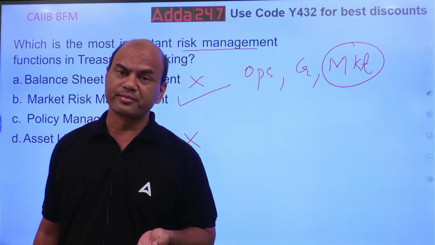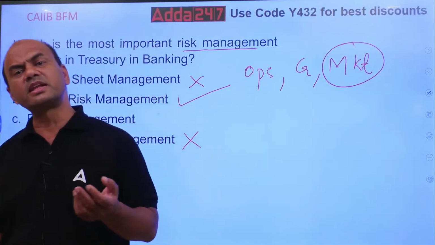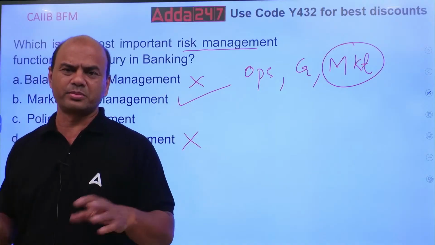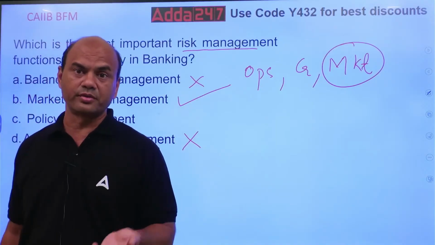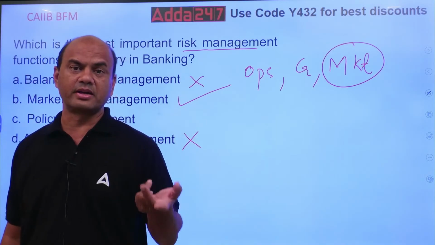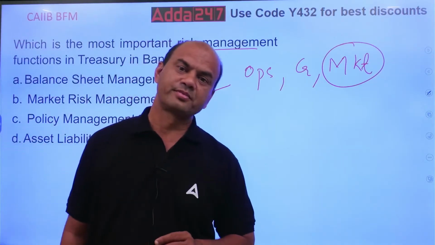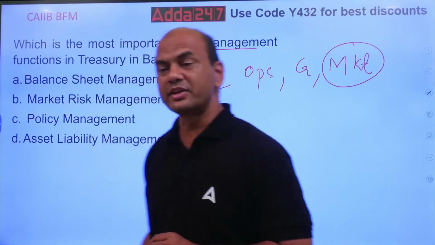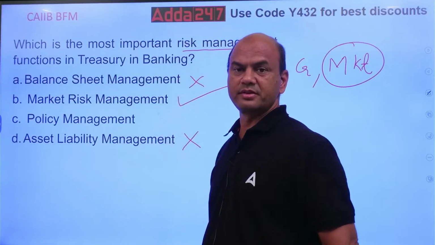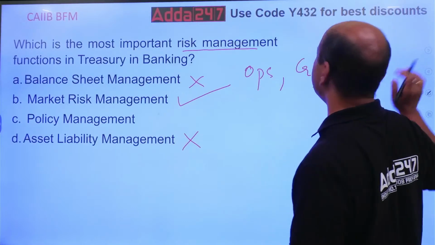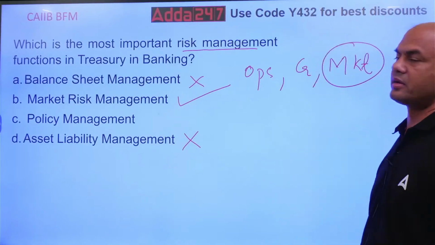No. Tomorrow if RBI increases the repo rate by, let's say, 2%, it's not possible 2%, but then also you don't know what situation might come. Is it in your hands? No. Right? So that's why that is known as market risk. Okay, so market risk management is the most important function in any bank. Got it? Move on.